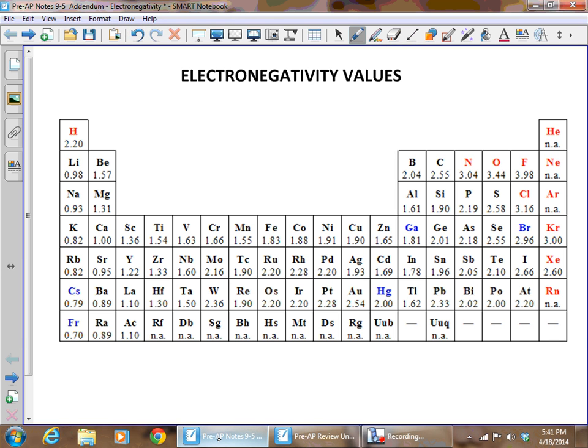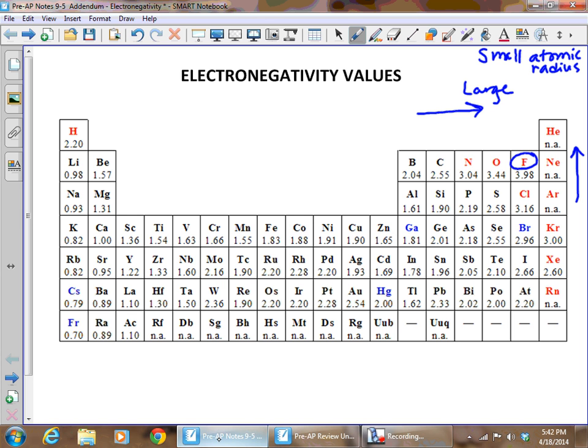So make sure you're focusing on fluorine for these periodic trends. As you go across the table and up the table, fluorine may be small in size, small atomic radius, but it's large for everything else.